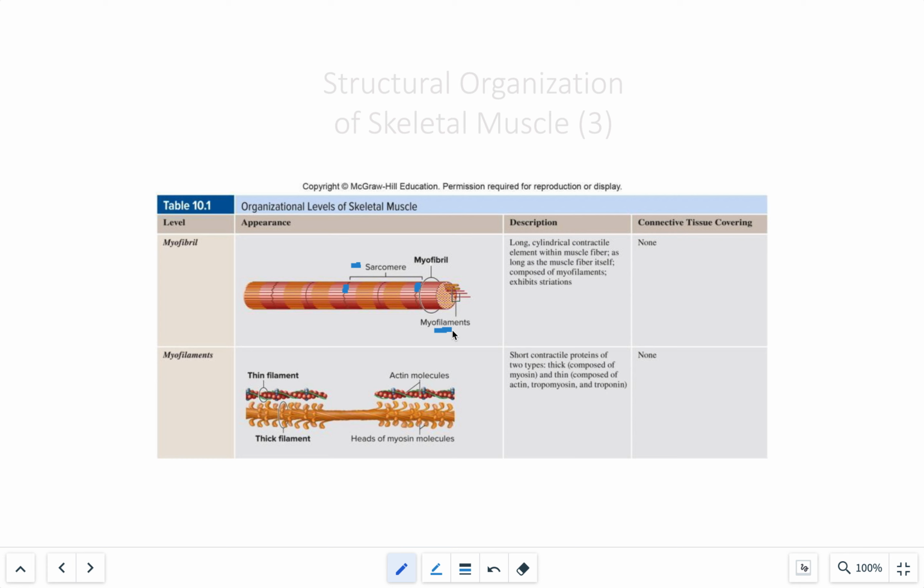Inside of the myofilaments are the contractile proteins. We have the thick filament, which is called myosin, and then we have the thin filament, which is called actin, and it also has a braided strand of tropomyosin and also troponin.